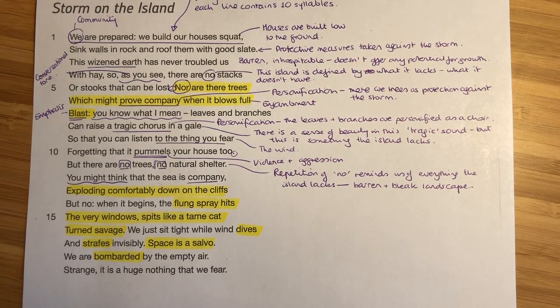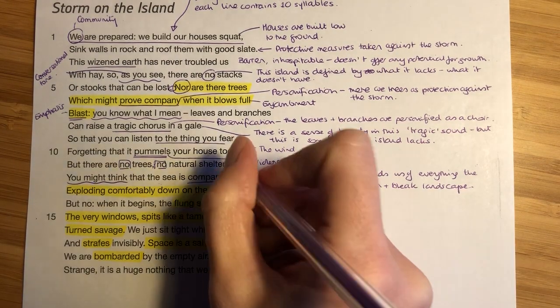So there's this suggestion running through this poem that we have these ideas about nature, like it's a solace, like it can be a comfort, like it makes us feel less isolated. Heaney's saying you might think that these things would give you comfort and company, but there are no trees on this island, and the sea is about to be shown to be, again, not something that you would want around you in this poem.